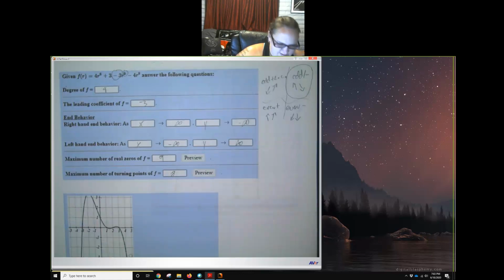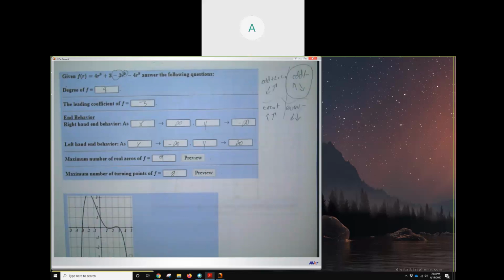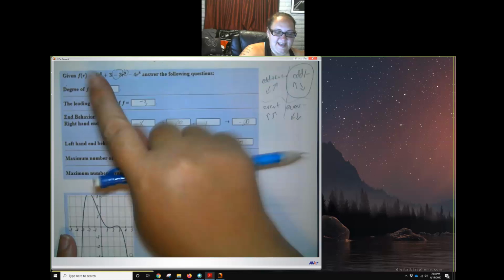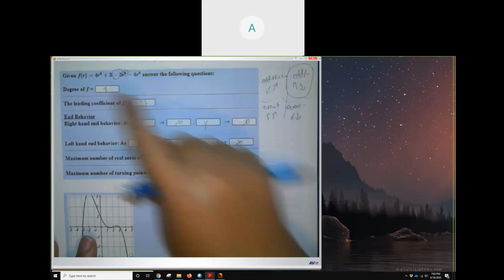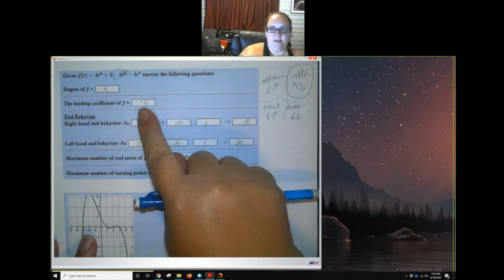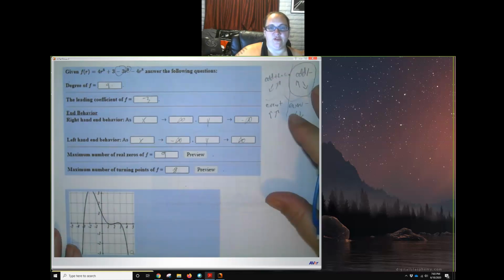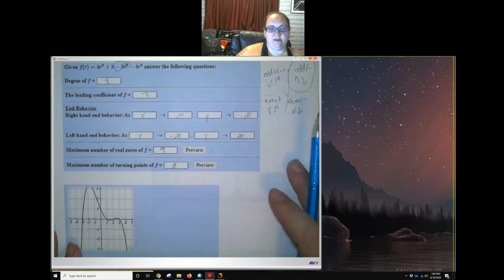For the end behavior, you're going based off of the degree and the leading coefficient, right? Is this even or odd? Is this positive or negative? So you need to know both of those things to know the end behavior.